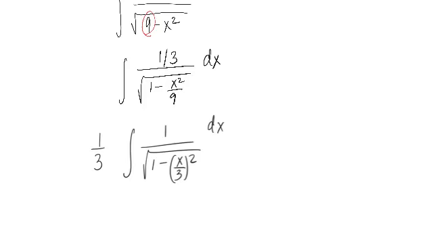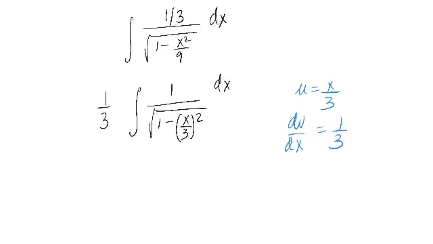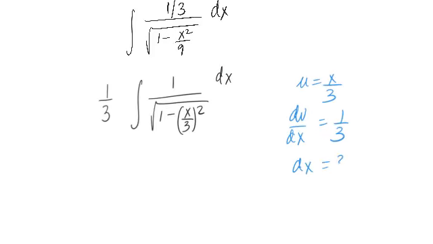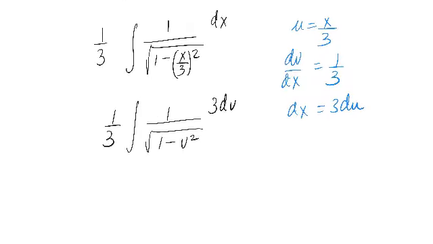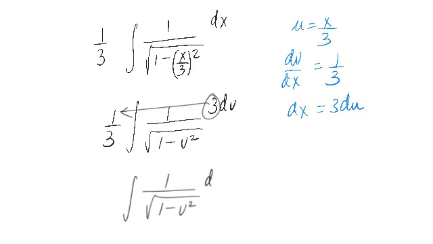So now you just proceed to say u is equal to x over 3, du/dx is equal to 1/3, dx is equal to 3 du, and now you can come back here and rewrite this integral as 1 over the square root of 1 minus u squared. 3 du goes here, and the 1/3 out front, those 3's are going to cancel, and so I'll be ending up with 1 over the square root of 1 minus u squared du.